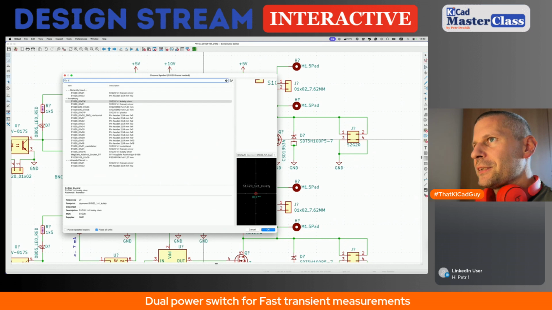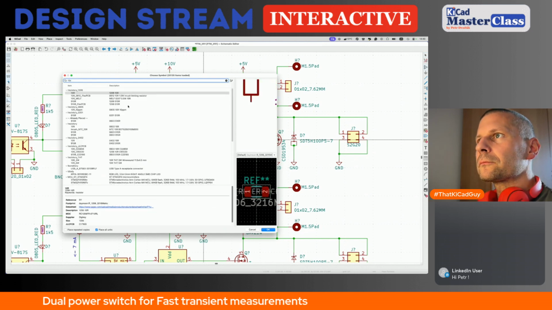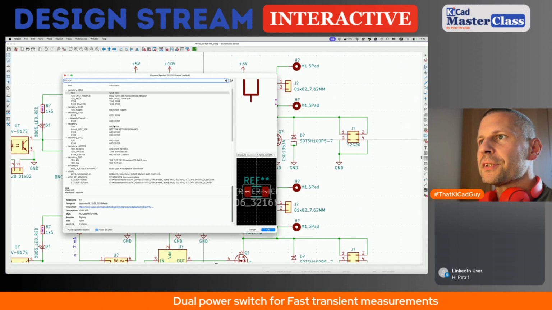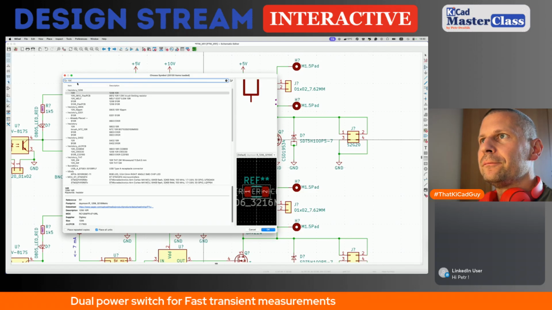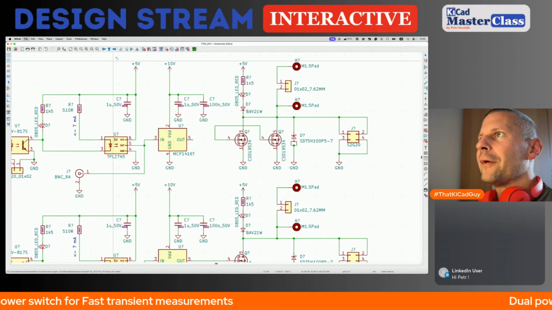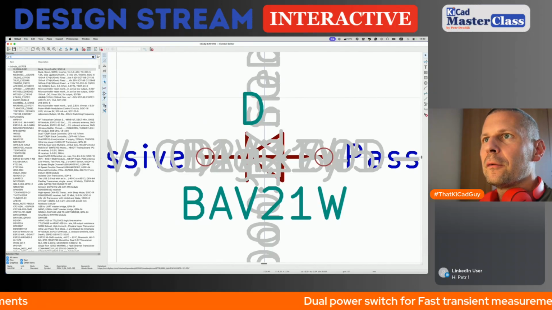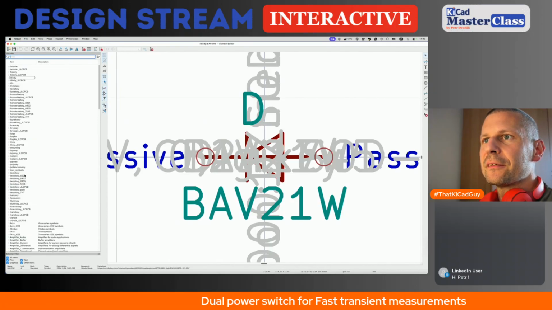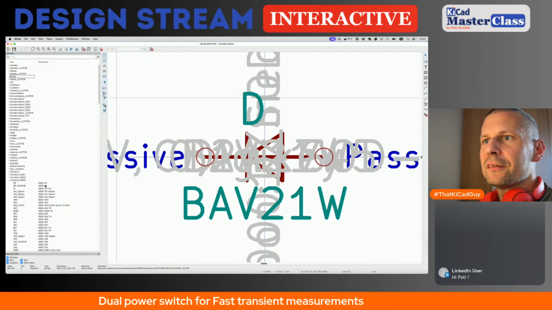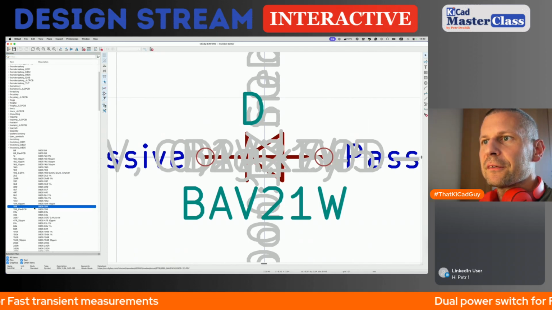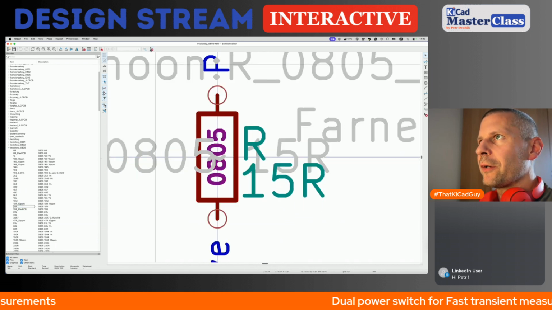We can place a gate resistor in here, but I want to place 0805 resistor, but I can see that I can't see 10 ohm resistor, so it will be a component placer, so I will place 15.